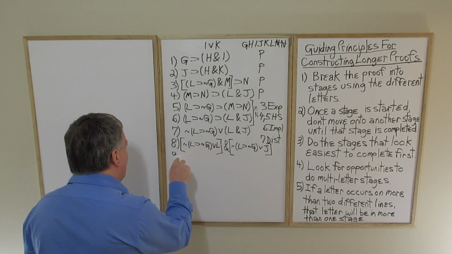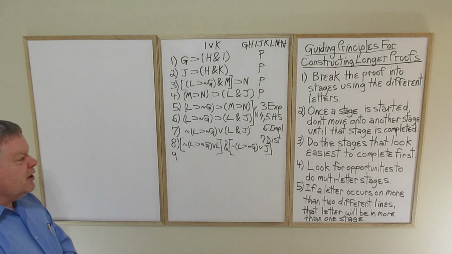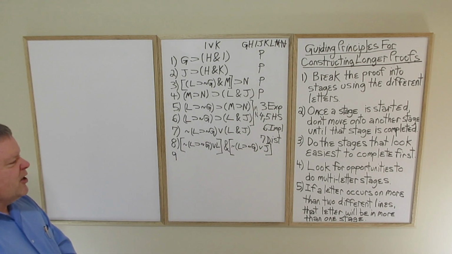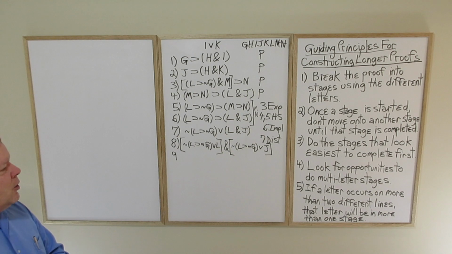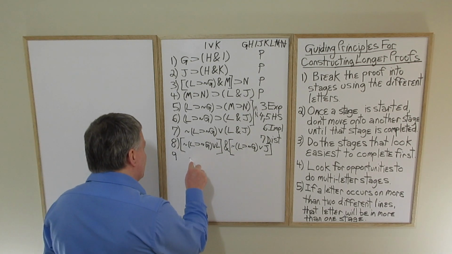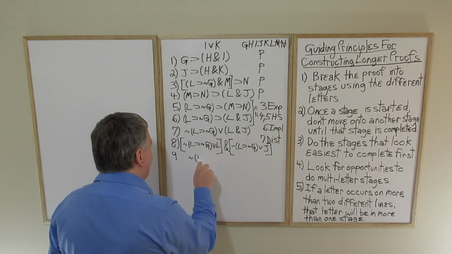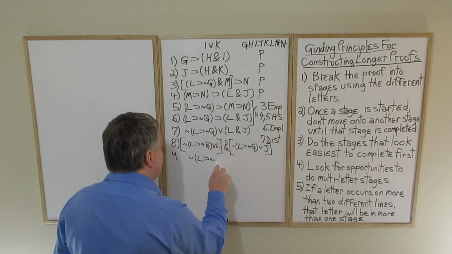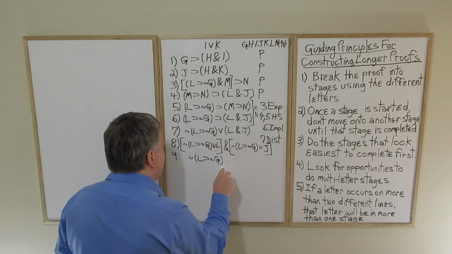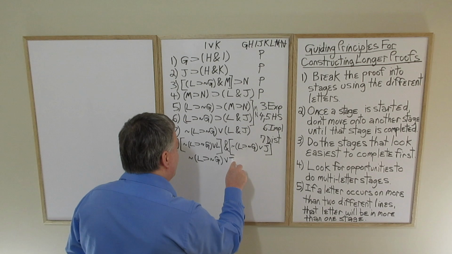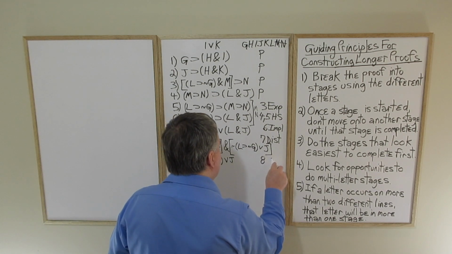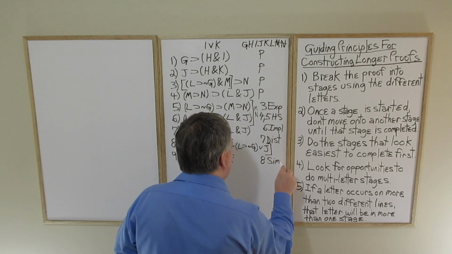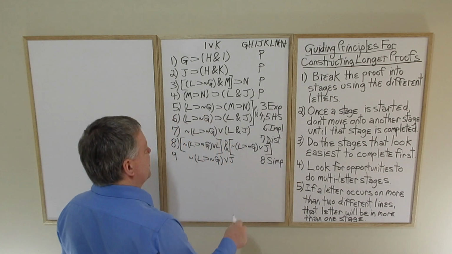So remember, our goal is to get rid of the two occurrences of the L-related information. We can get rid of one of them by just leaving the left conjunct up here. So we take down tilde L horseshoe tilde G or J. So that's 8, simplification.